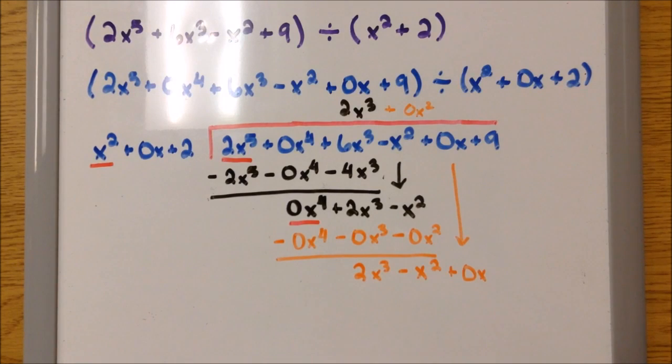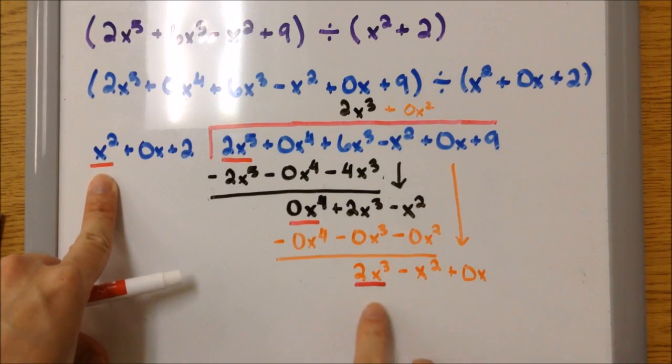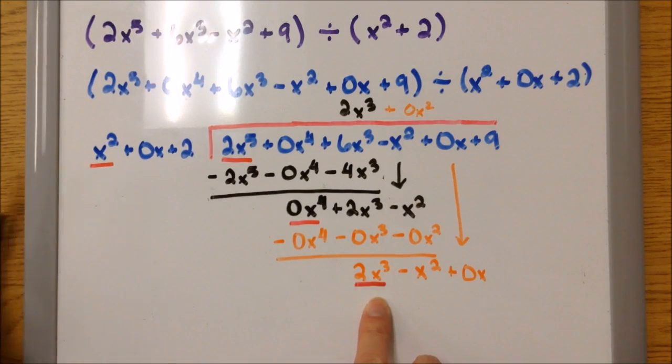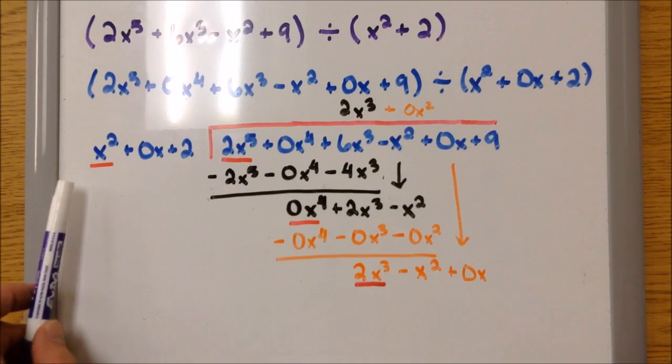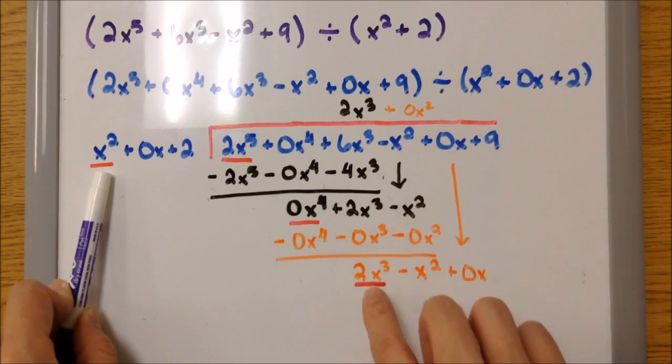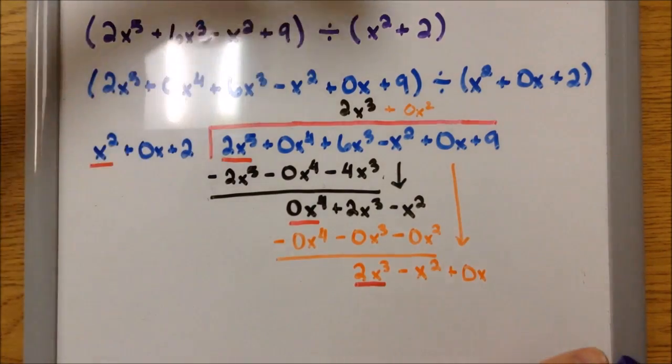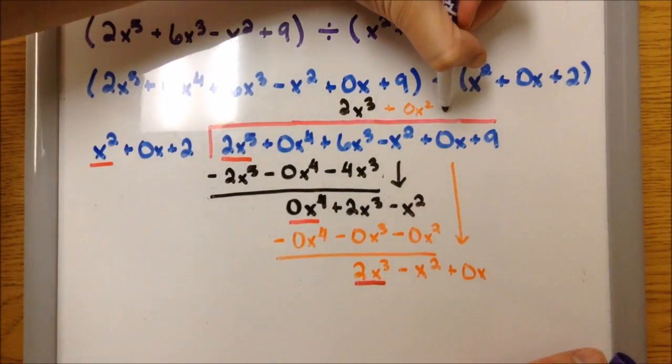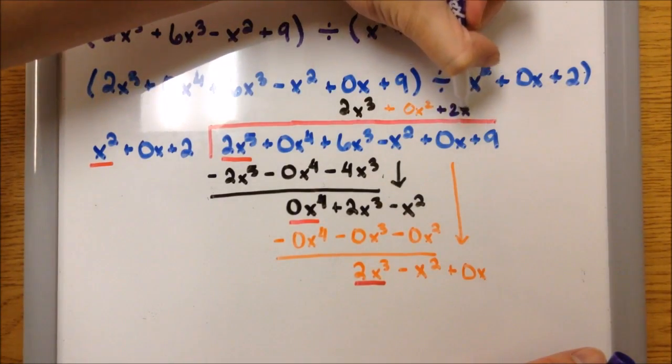Now we're going to take a look at the first term, which is 2x to the third power. If we were to compare x squared and 2x to the third power, we need to multiply x squared by 2x. So plus 2x because it's positive.